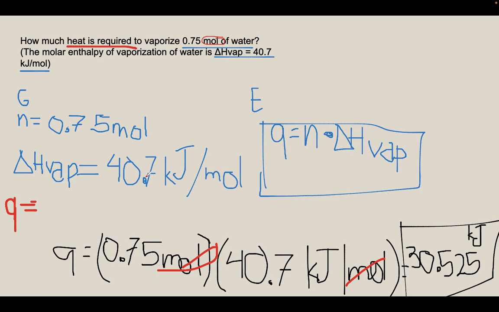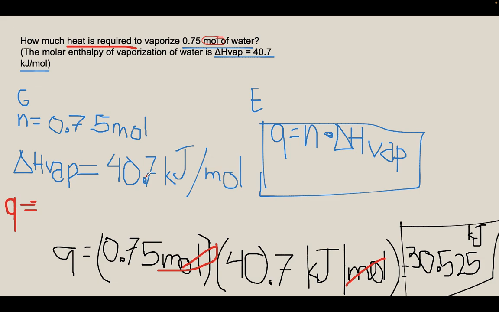How much heat is required to vaporize 80.0 gram of ethanol? Ethanol's molar mass is 46.07 gram per mole and enthalpy of 38.6. Since gram siya, hindi natin pwedeng sabihin number of moles siya or n. Gram siya, so mass.